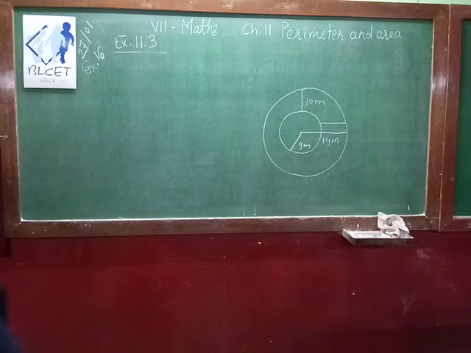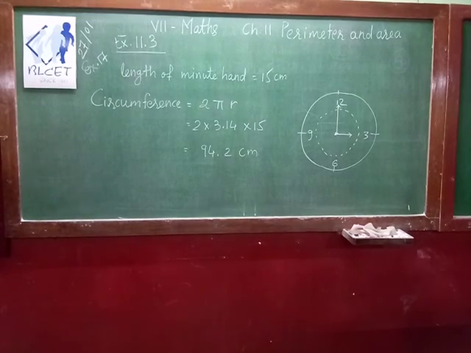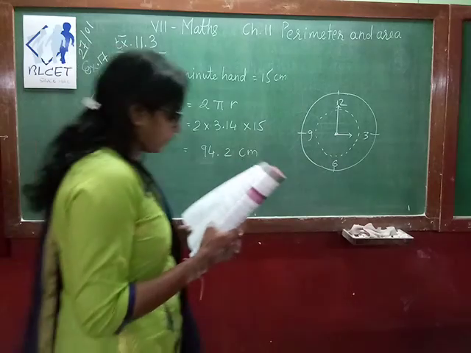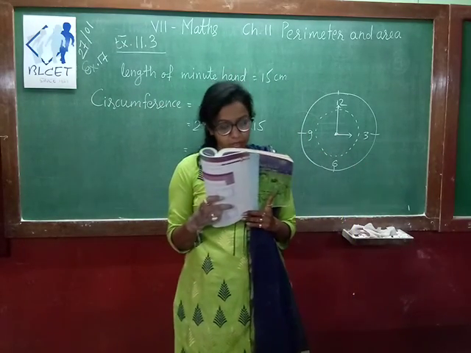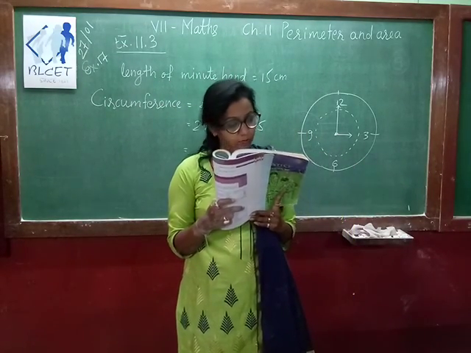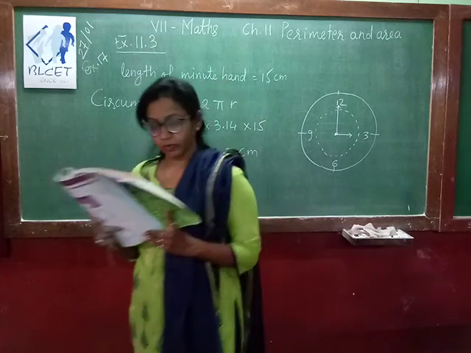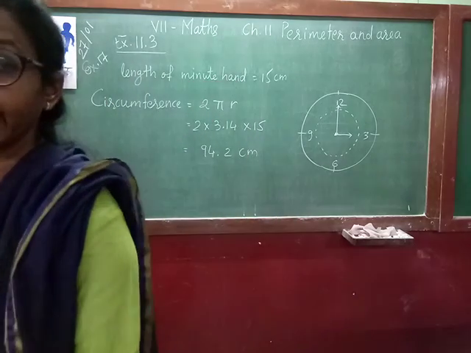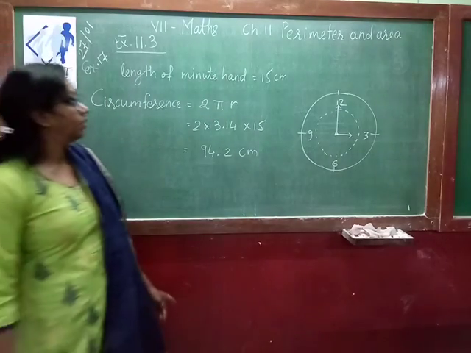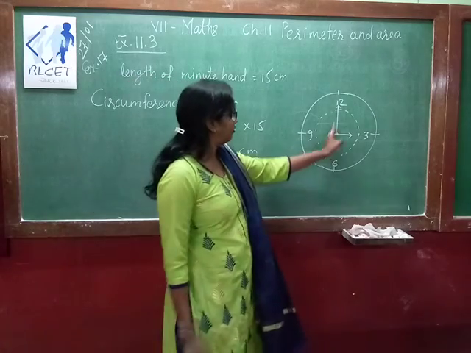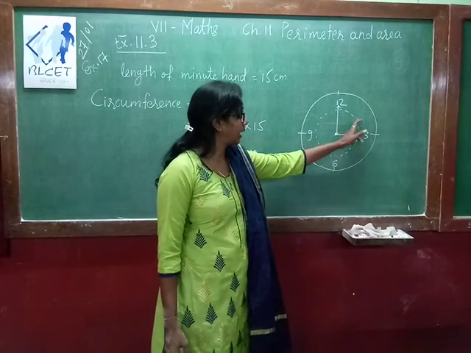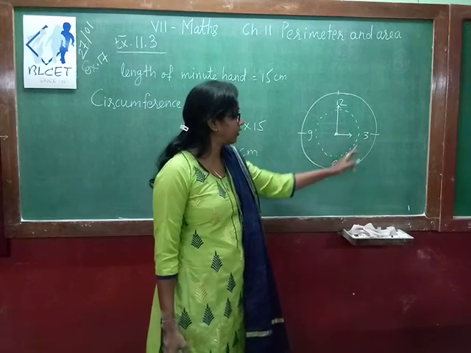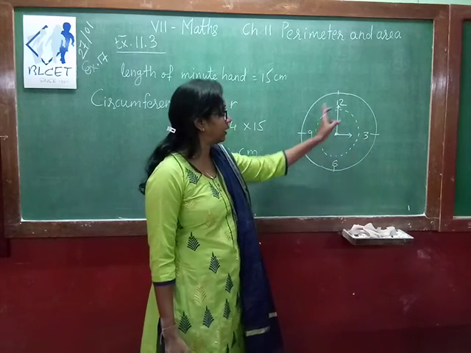Move to the last question, question number 17. Okay, see question number 17. The minute hand of a circular clock is 15 cm long. How far does the tip of the minute hand move in 1 hour? So here we have to find the circumference. Okay, so the length of this minute hand becomes your radius and it rotates from 12 to 3, 3 to 6, 6 to 9 and again 9 to 12.